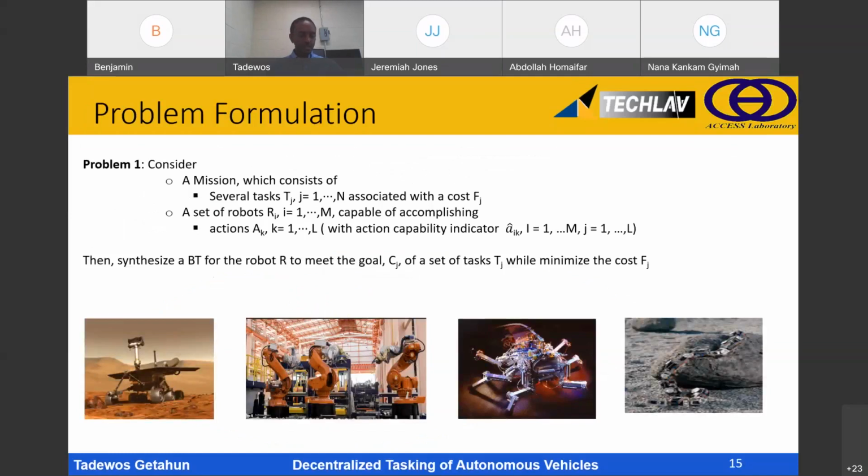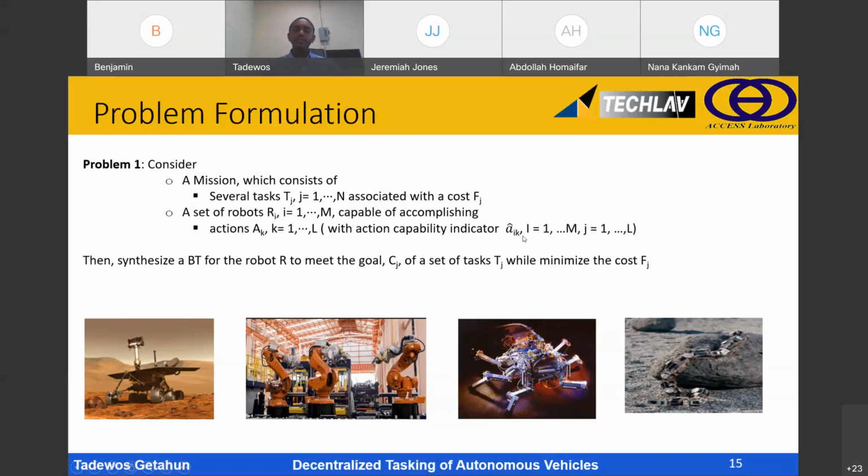So formally, we can state the problem. Consider a mission which consists of several tasks, Tj, j equal to 1 up to n. Each task will be associated with a cost function fj, and we have a set of robots Ri, i equal to 1 up to m, each capable of accomplishing certain actions. We have an action bank ak, k equal to 1 up to l, so we have a total of l actions. Each agent's capability is indicated by a-hat ik.